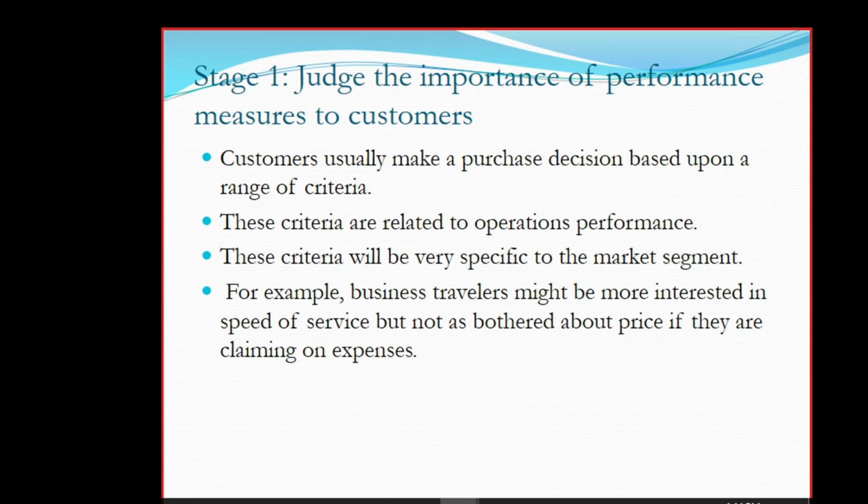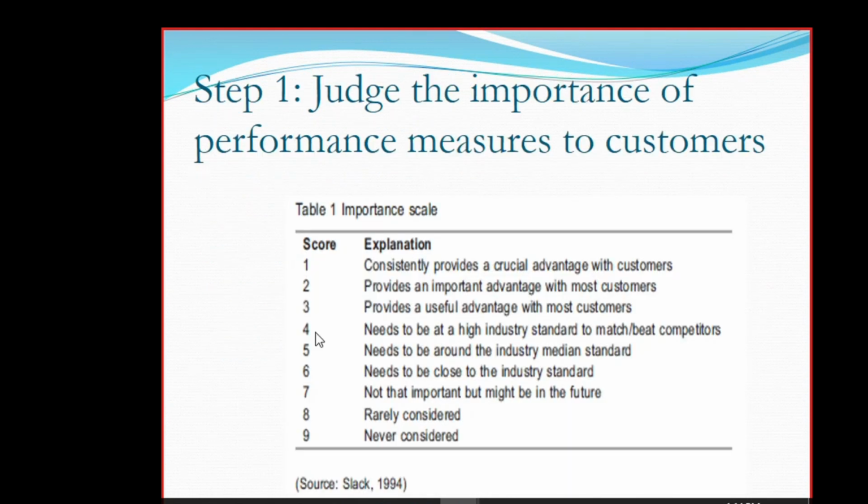So again, it's all about judging the importance of each feature, of each measure you have in the phone for your customers. Here in step 1 we have an importance scale.